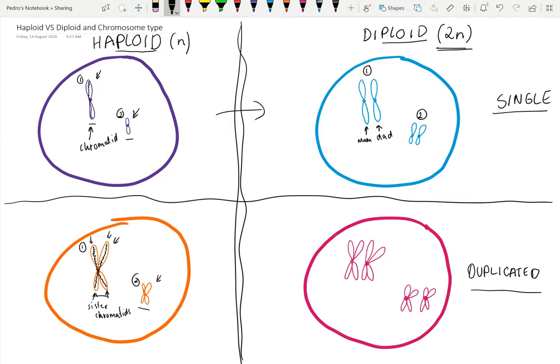Okay, so here in our single-stranded chromosomes, we have 1 chromatid from dad, so we can call this dad's chromatid, and mum's chromatid.